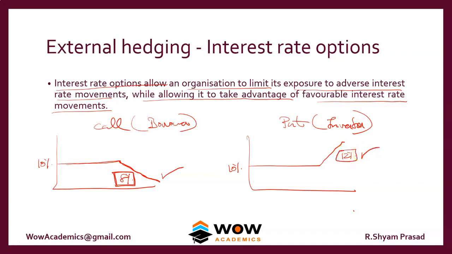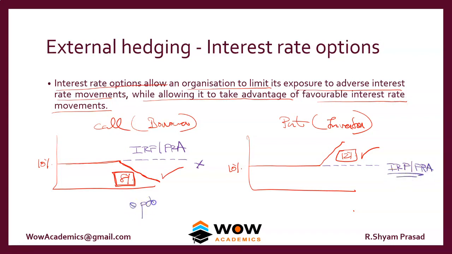Okay. But why is it so important? It's important because in an IRF or an FRA, they cannot take the advantage of this favorable movement. So that is the problem, and that is the benefit that options give you.